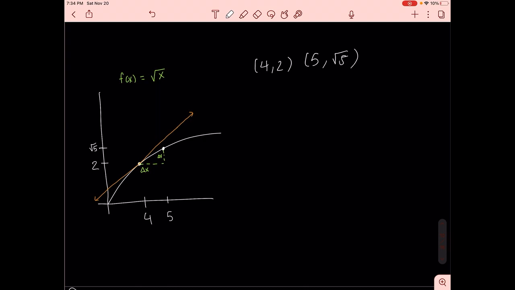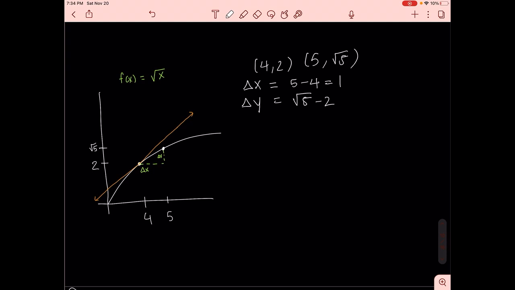And notice that I've also drawn a tangent line to the function at this point, x is equal to 4, and that's depicted in orange. So let's calculate delta x. Delta x is once again pretty simple. We've got 5 minus 4 is equal to 1. And delta y would be equal to the square root of 5 minus 2.